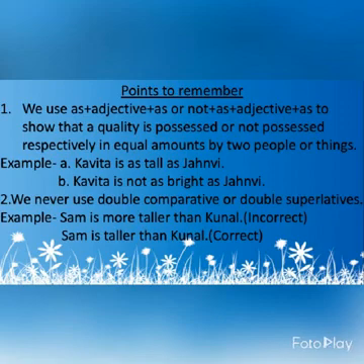When we are doing comparison, remember we use as well. Like for example, Kavita is as tall as Janvi. Here I am comparing Kavita and Janvi. But here I have not used the word than or taller, but this sentence is also correct. For comparing, we use as well.